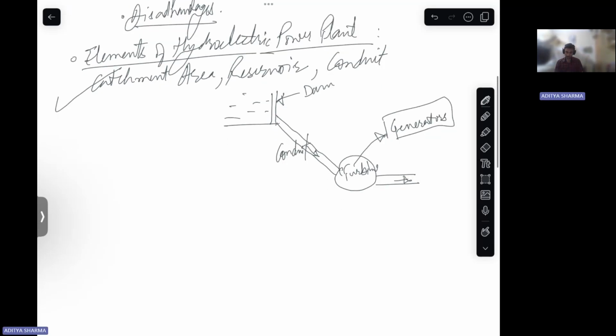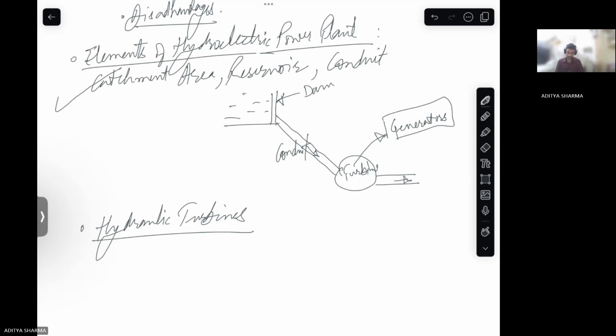Then the next topic is hydraulic turbines. So turbines we have discussed in the vapor power system. The same way we have turbines here. There the turbines were being run using vapor. The vapor was being expanded in your turbines. Here you use turbines to get shaft work.